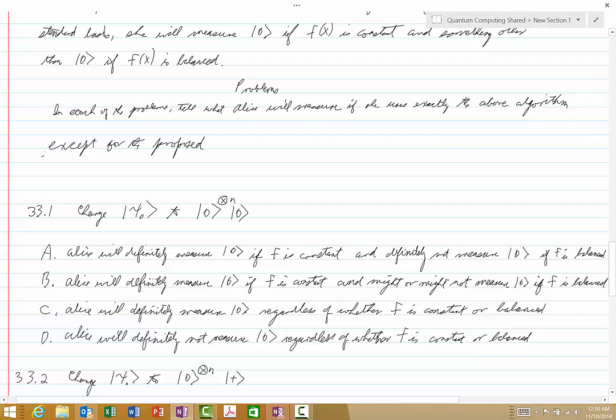In each problem, tell what Alice will measure if she and Bob use exactly the above algorithm except for the proposed change.